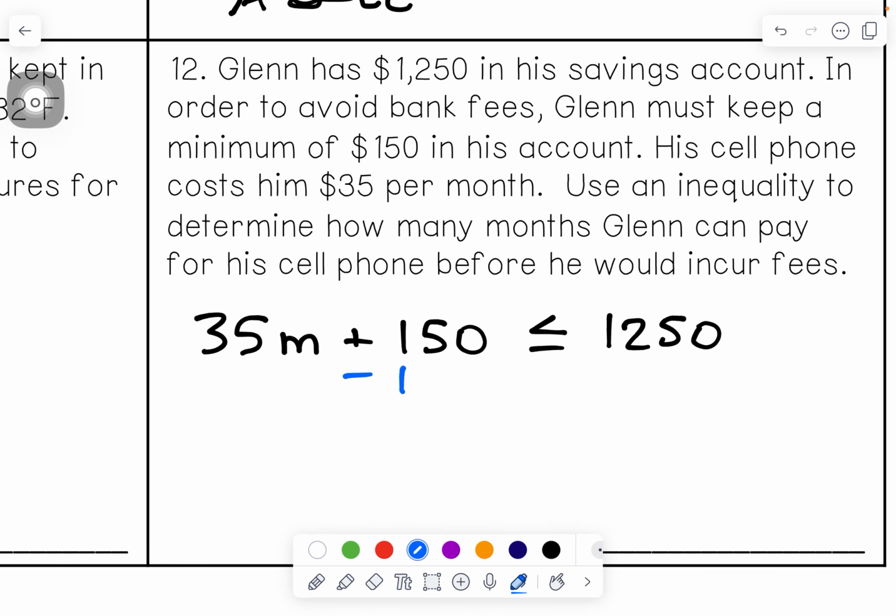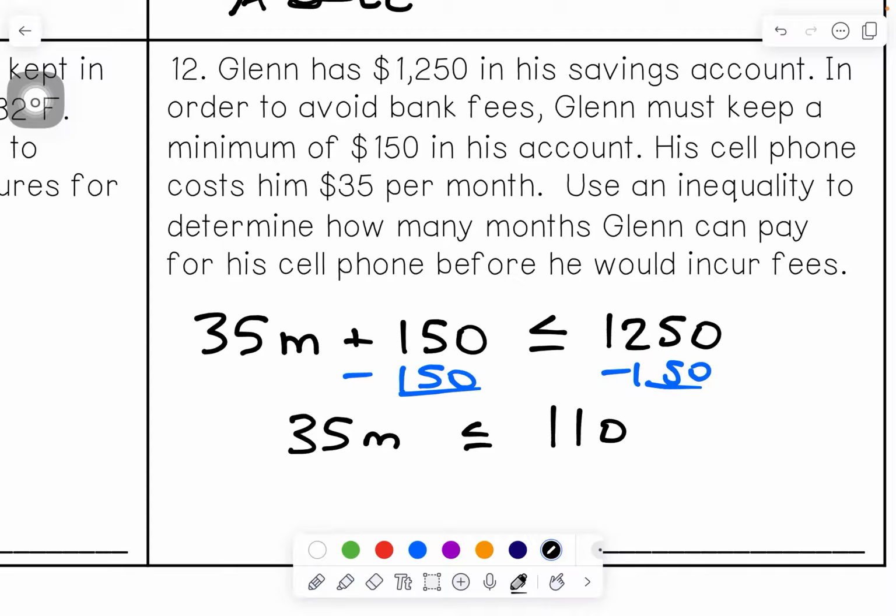If he solves this, minus 150 from both sides, because he can't go below that amount, he gets 35M is less than or equal to 1250 minus the 150 buffer he has to have, which is 1100. That's how much money he has to actually pay his cell phone bill with. How many months can he do?